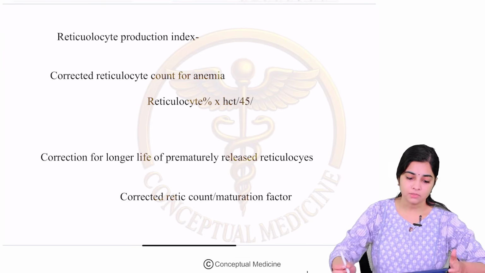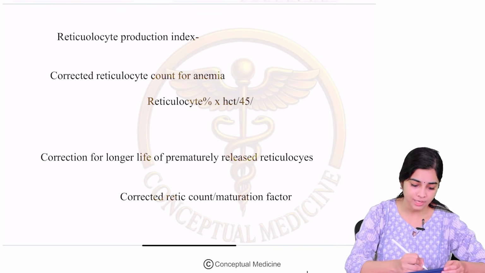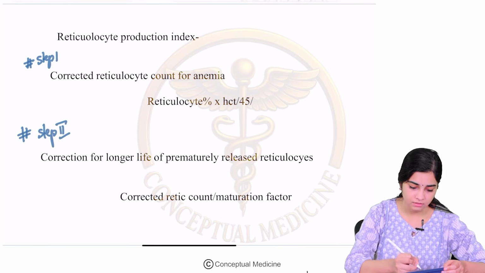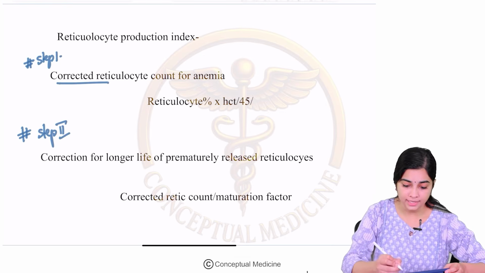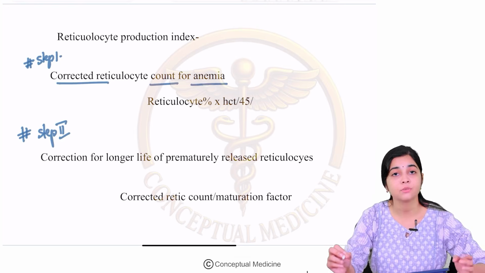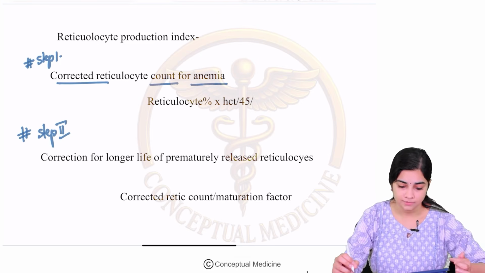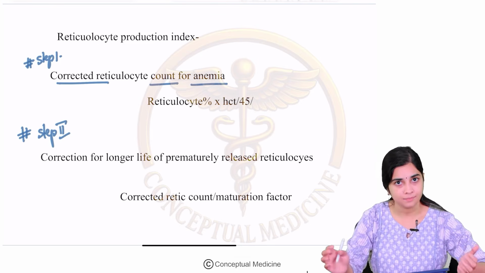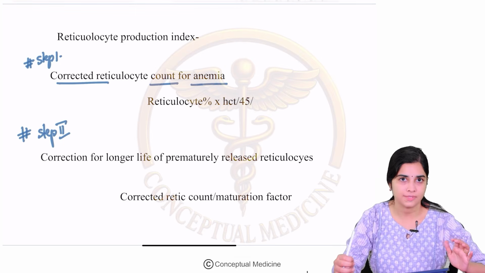Okay, fine. So reticulocyte production index, how will you calculate that? You have a step 1 and a step 2. In step 1, we need to correct the reticulocyte count for the anemia. So how do you know that? You will get a normal CBC done in a patient whom you are suspecting of anemia, and the CBC will show the reticulocyte percentage.